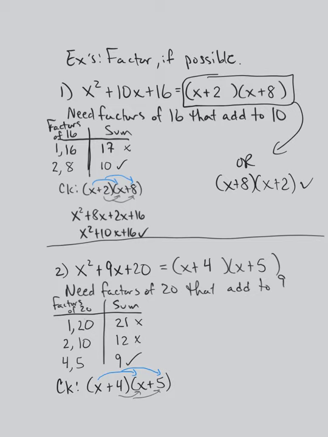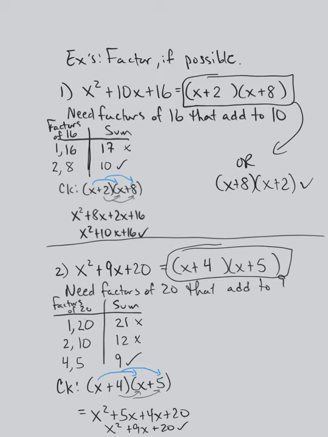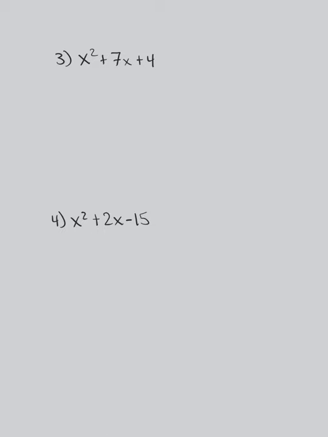Okay, so to check this, I do x times x, which is x squared, and then plus 5 times x, which is 5x, then plus 4 times x, which is 4x, and then plus 4 times 5, which is 20. And if you add those two middle terms together, we do get our answer, so that checks. And so now we can circle our answer and give yourself a big pat on the back.